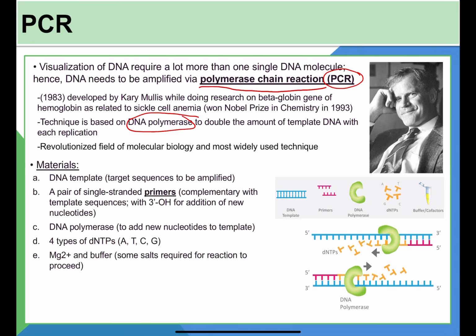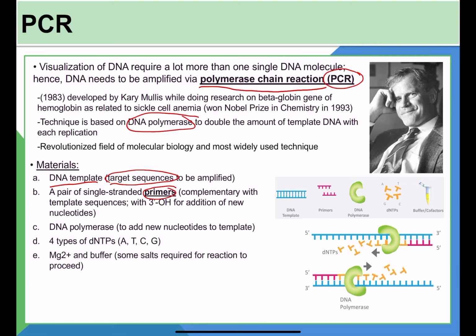So the materials required for PCR are your DNA template, which is that target sequence we want amplified. We never want to amplify the entire genome. We will just want to look for that specific gene we're looking at. A pair of single-stranded primers, just like how in DNA replication you had to have primase to lay down RNA primers to start the process. In this case, the same thing.